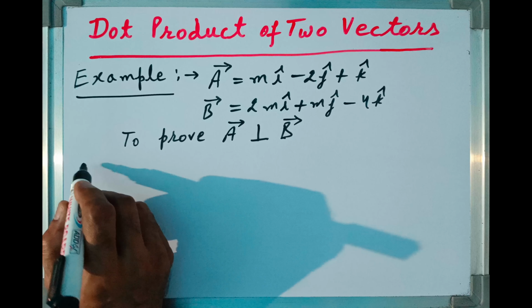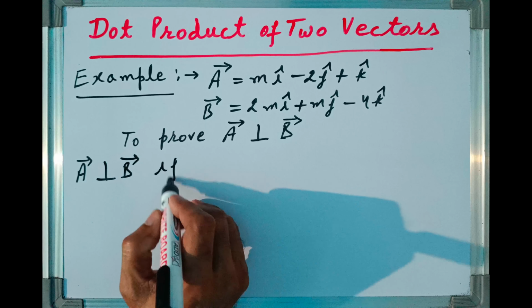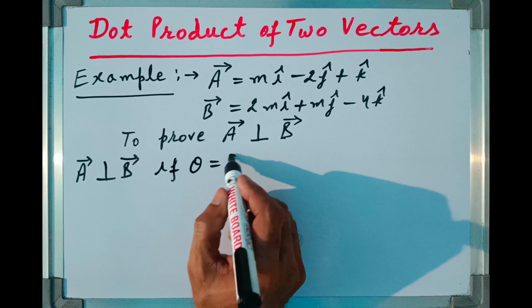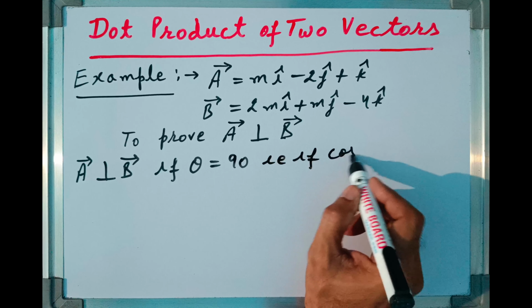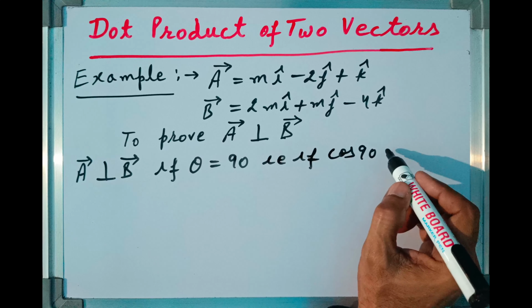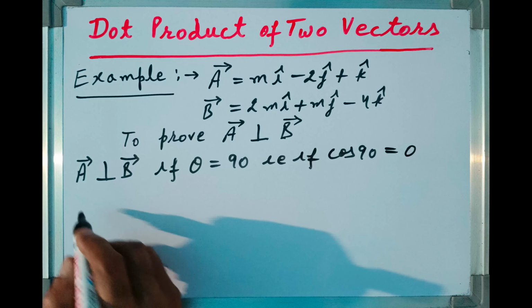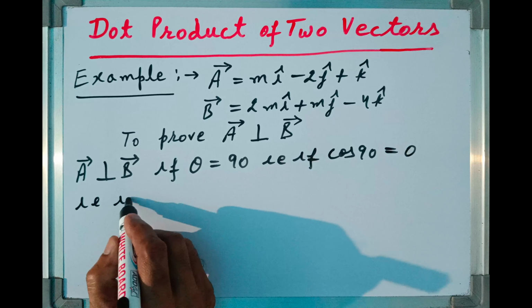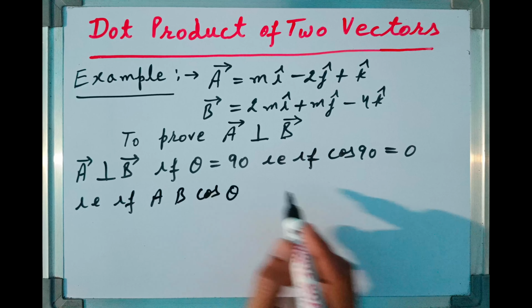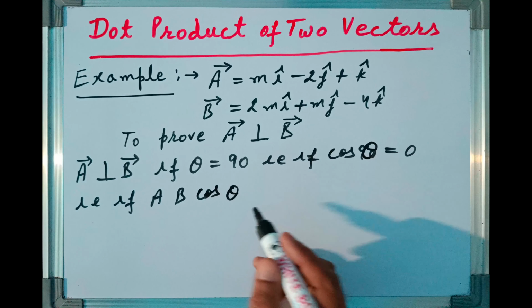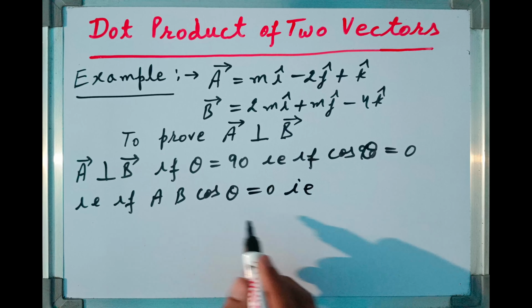We know A vector is perpendicular to B vector if the angle between the two is equal to 90 degrees, that is, if cos 90 is equal to 0, that is, if A B cos theta, where theta is 90 degrees, is equal to 0. Now this thing is nothing but the dot product of two vectors.